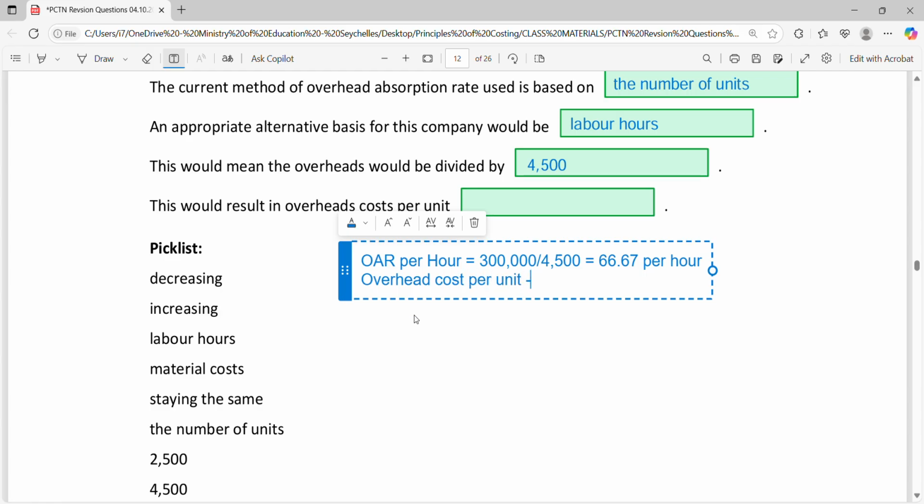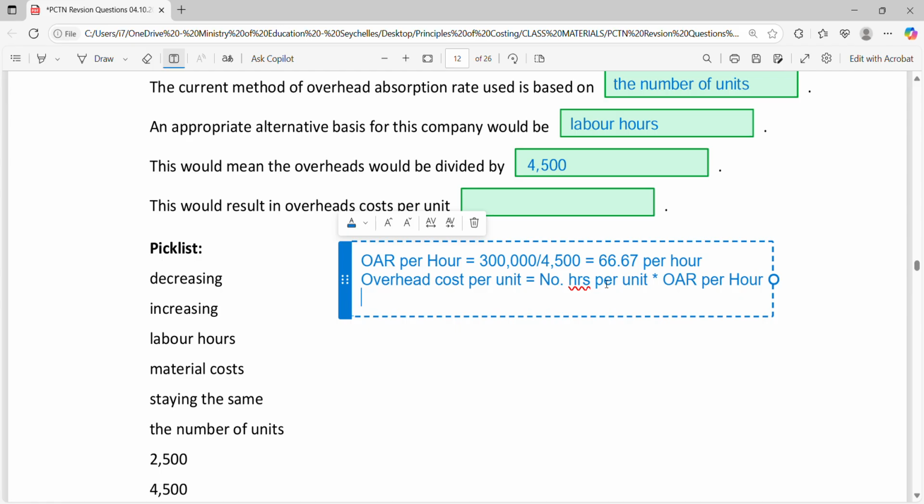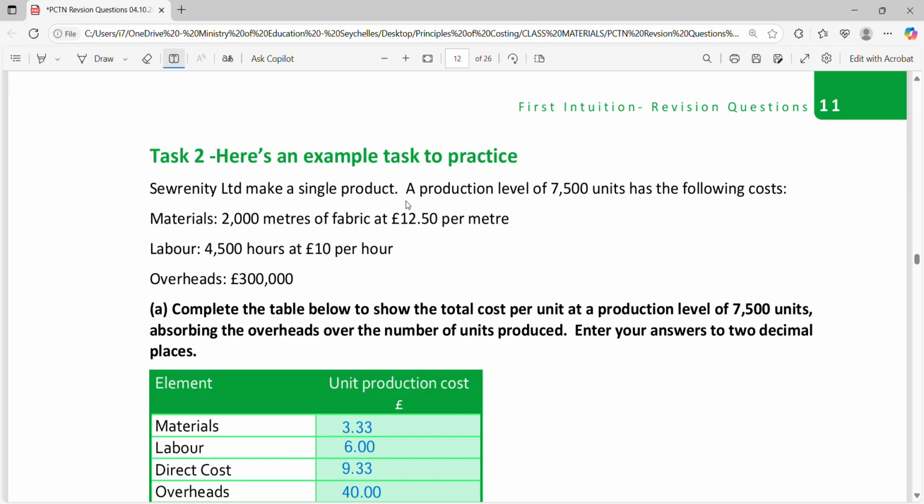So for you to get the overhead cost per unit, you need the number of hours per unit, then you multiply this by the overhead absorption rate per hour.